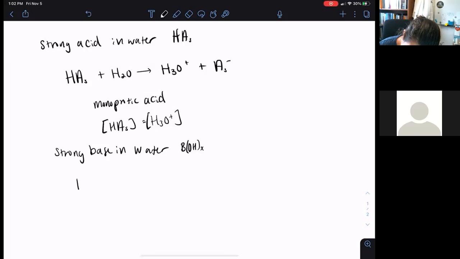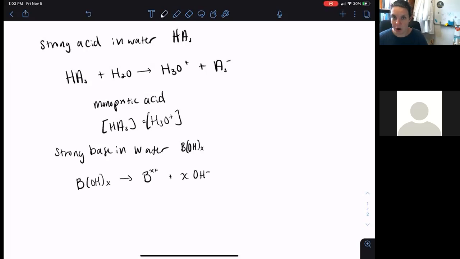So when we have this BOH_x, it's going to break down into our ions, so our cation and our anion hydroxide.